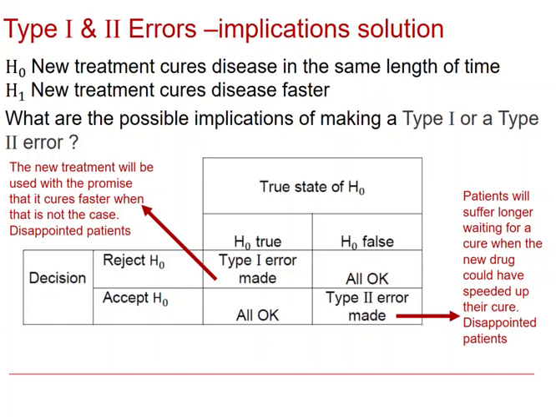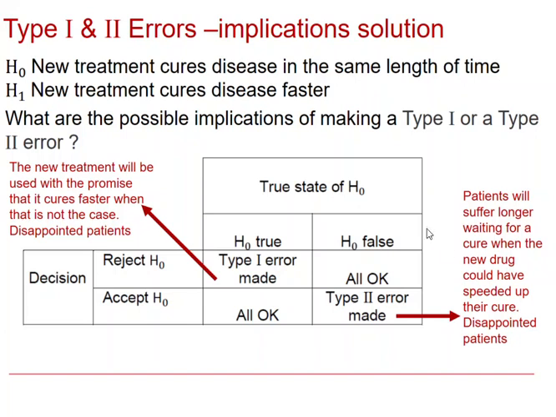And there can be much more serious implications involved in making errors. For example, if we are carrying out a hypothesis test looking at diagnosing whether somebody is normal or whether they have a disease, it could be that the person is normal, H0 is true, but we reject that. We've got a freak result and we reject that, and therefore that person is going to get invasive treatment when they don't actually need it because they don't actually have the disease.